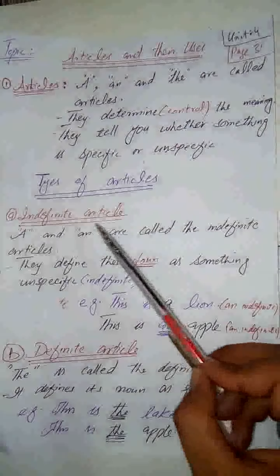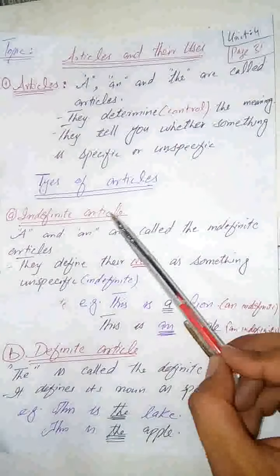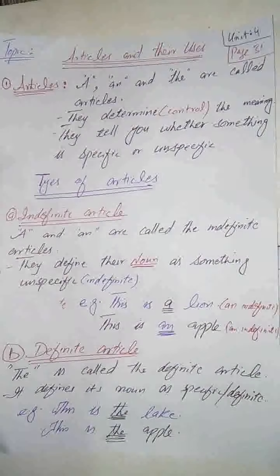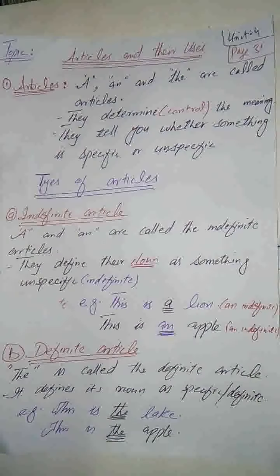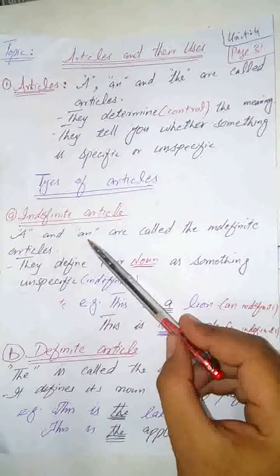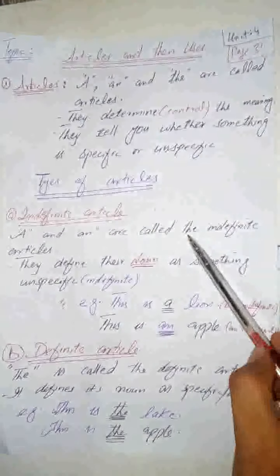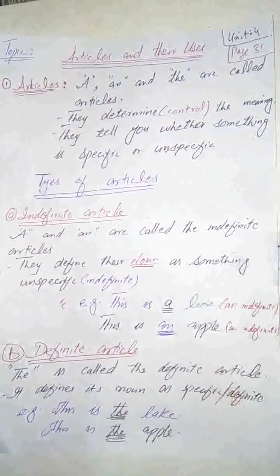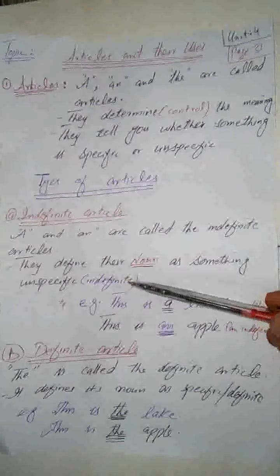We have two types of articles. One is the indefinite article and the other is the definite article. A and an are called the indefinite articles. They define their noun as something unspecific.